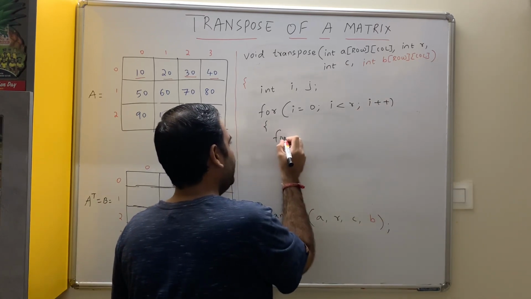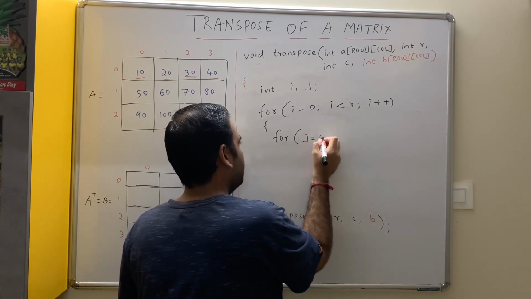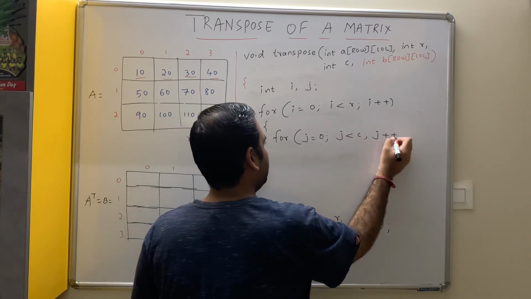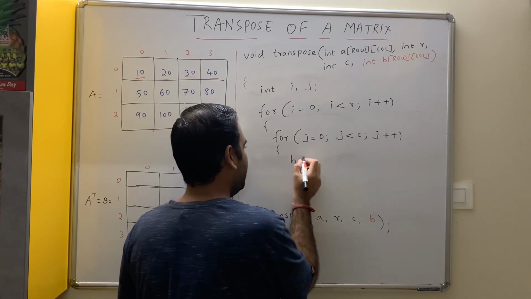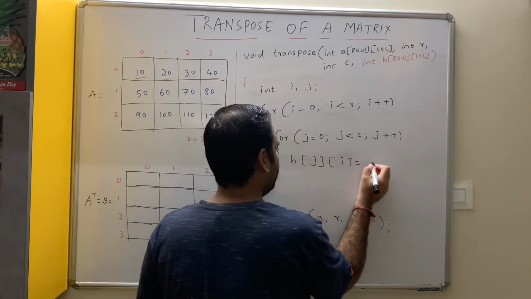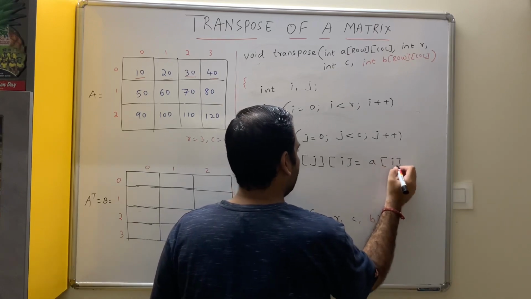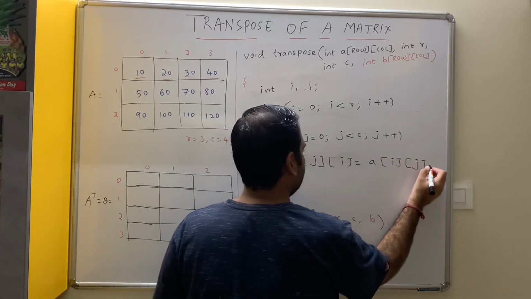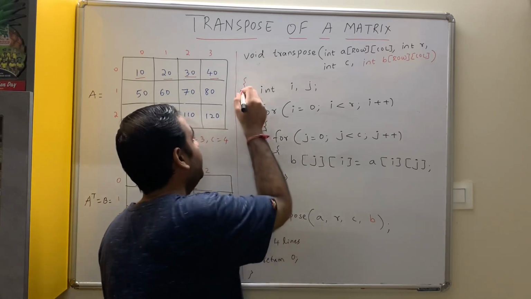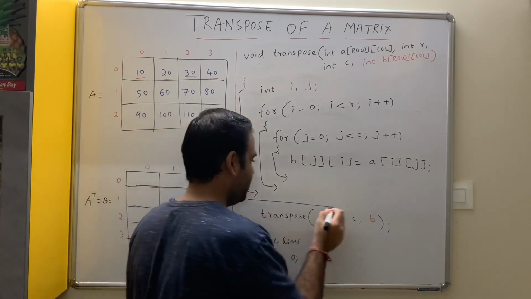Then we take each row, j is 0, j less than C, j plus plus. And what do we write over here? We say B of ji is equal to A of ij. This is the end of the function transpose.